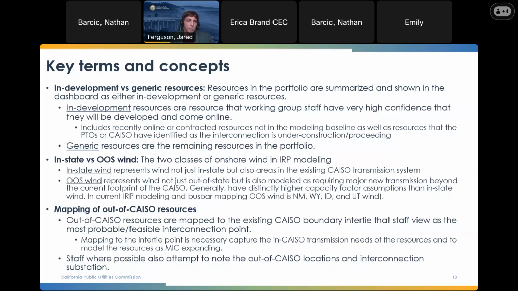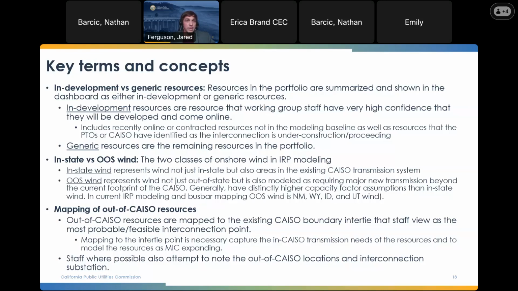SDG&E territory. Out-of-state wind is another category of resources that we model, and it's not just out-of-state wind. It's specifically out-of-state wind that requires major new transmission out beyond the current ISO footprint.